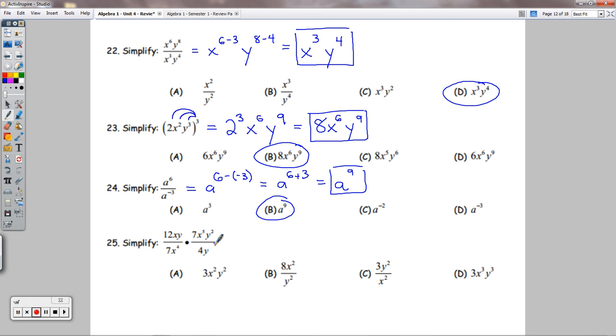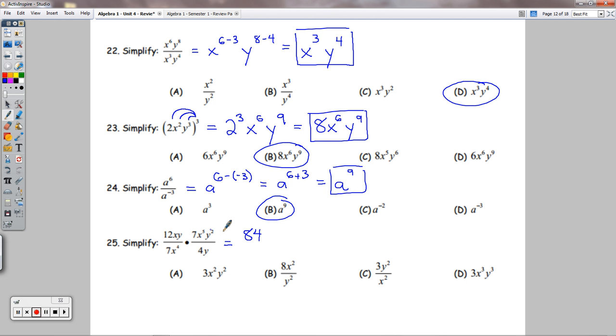Then for 25, a couple different ways we could approach this one. We could cancel top to bottom first. Anything you see on the top that can cancel out with something on the bottom, you could take care of that first. I'm going to do the other way though. I'm going to just multiply straight across and then reduce after that. So 12 times 7 would be 84.